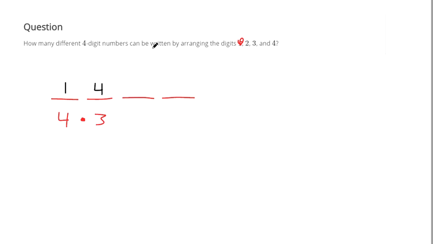This is just one particular example. For the next digit, there's now 2 numbers to pick from because we scratched out the 4. And for this last digit, there's only one way of making that happen. So this represents the number of different ways of picking those 4 digits. 4 times 3 times 2 times 1. So 4 times 3 is 12. 12 times 2, that's 24.